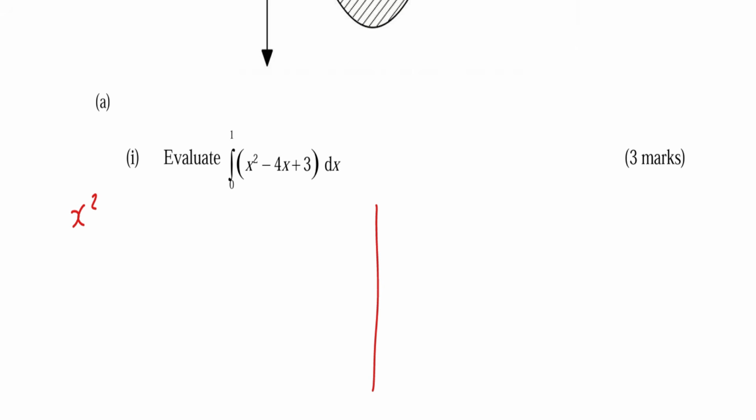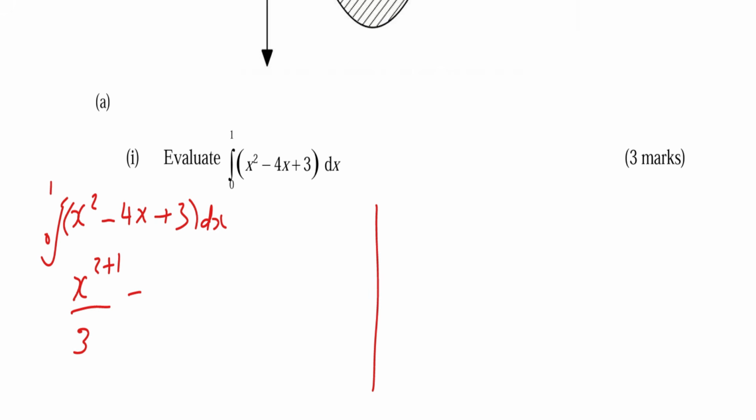So the integral of this one should be something like this. When you're integrating, what you need to do is add the power, and then whatever you got from adding the power, you divide by that number. So basically you're taking 2 plus 1, divided by the answer from 2 plus 1, which is 3.